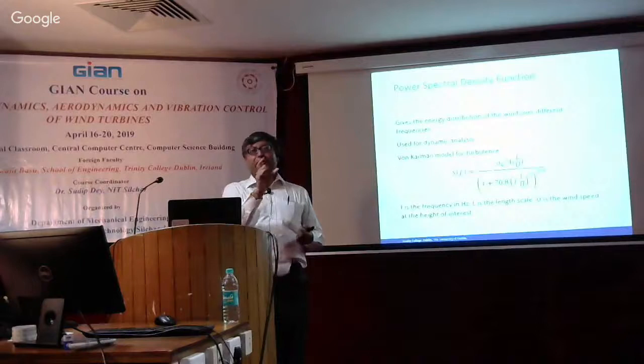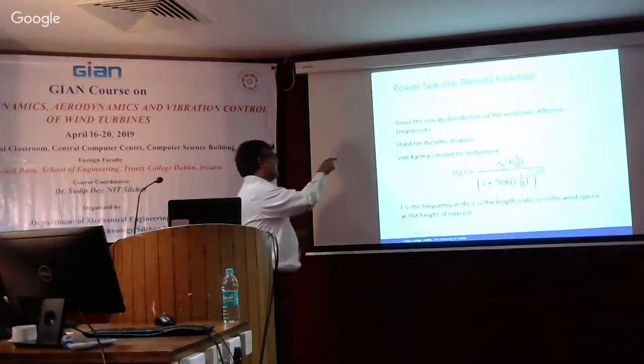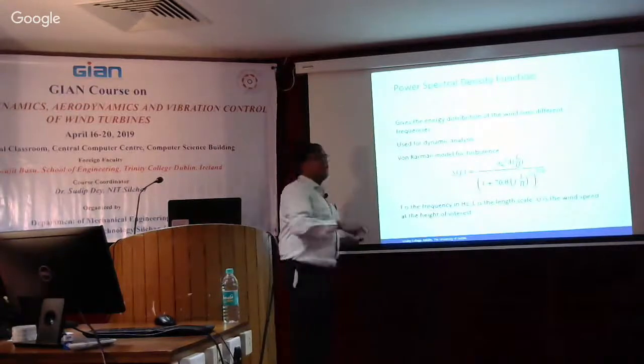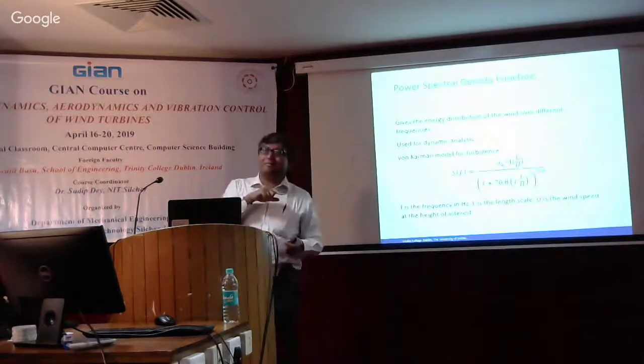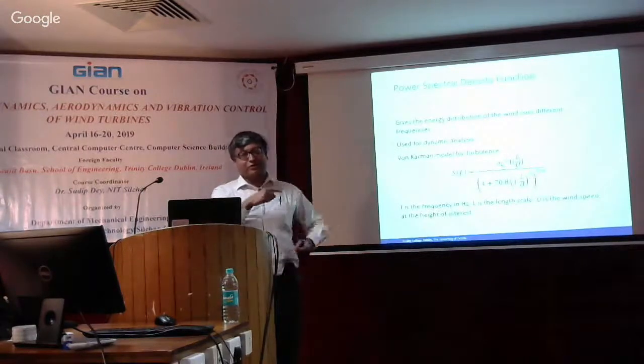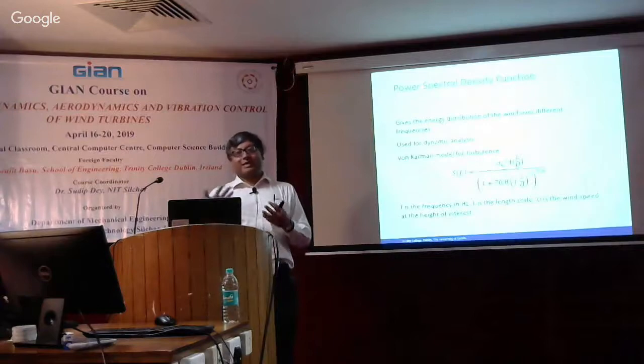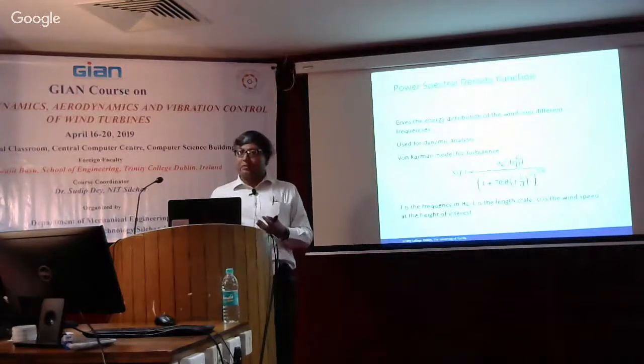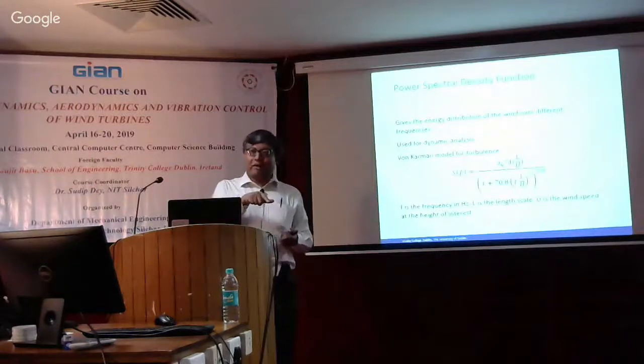In terms of short-term prediction, you should be able to get the 10-minute average, and then by generating the turbulence spectra, you should be able to generate the random process by taking the inverse Fourier transform, or by summing up sines and cosines with certain phases, and then adding that to your mean value of the wind.